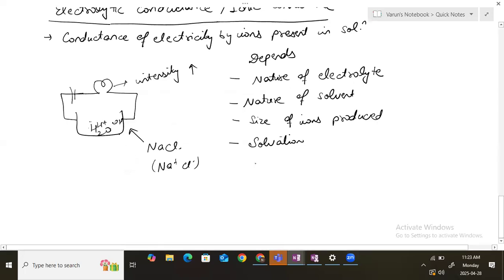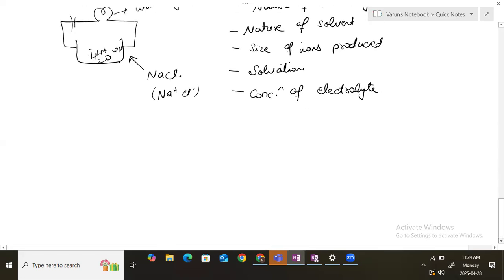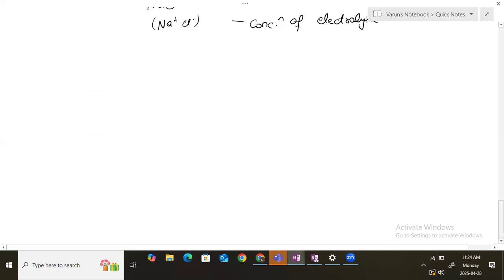Next is the concentration of electrolyte. The more the concentration, the more will be the number of ions and the more will be the conductivity. Got it? This is basically the concept of conductance. For semiconductors and insulators, you just need to learn the definition.